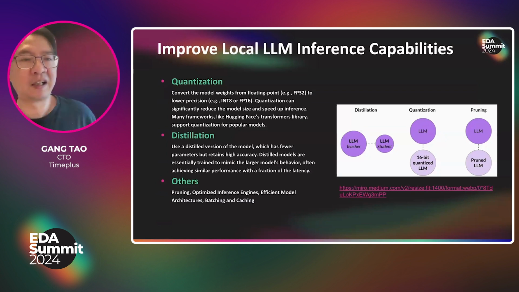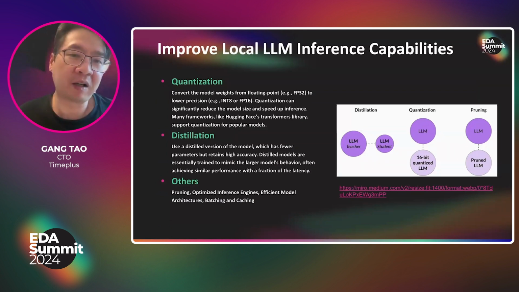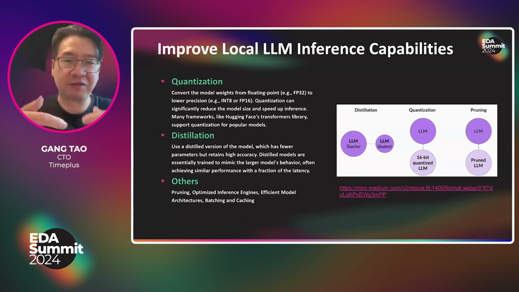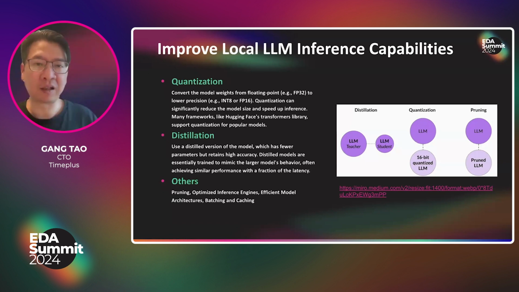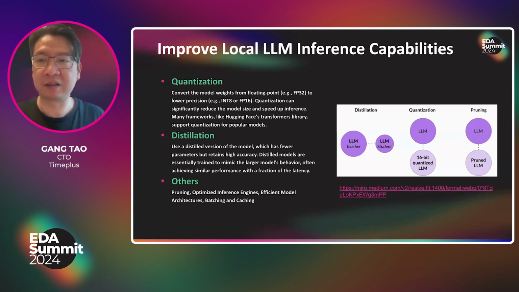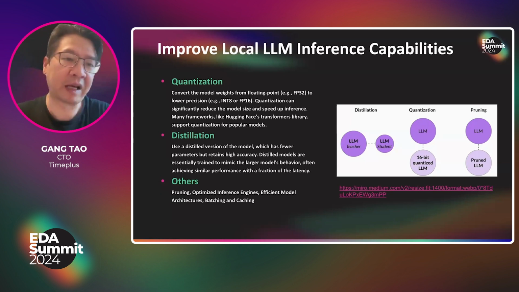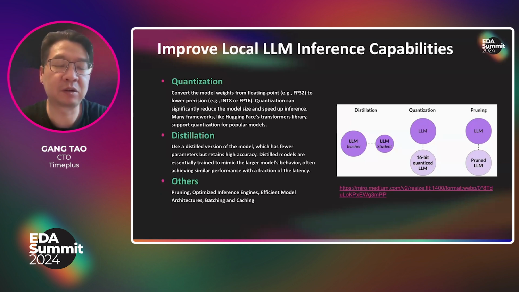So last, as our topic today is about how we can run local large language models for this event-based anomaly detection, we can see local models can run, but still have some limitations, not the best format. So there are some technologies that can help us optimize the local inference performance. First is quantization. You convert the model weights from floating point, like 32-bit, to lower precision, like INT8. That's quantization.